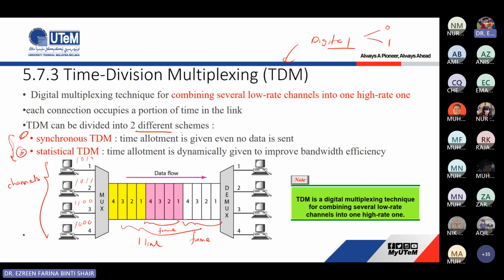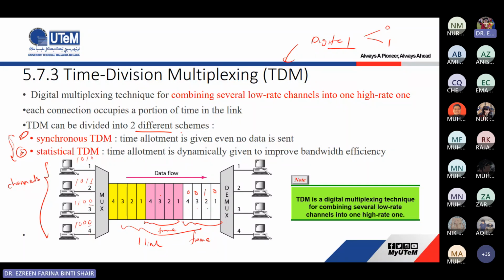For frame 1, it will take 1 bit from channel 1, 1 bit from channel 2, 1 bit from channel 3, and 1 bit from channel 4.